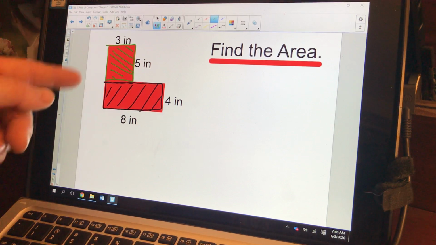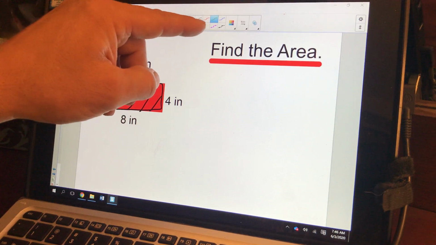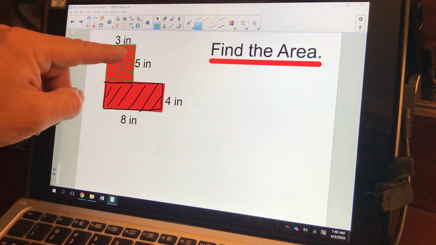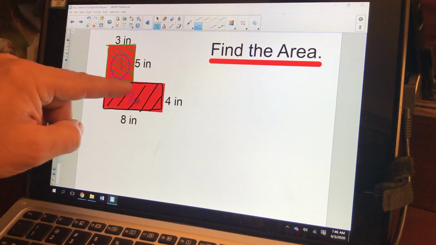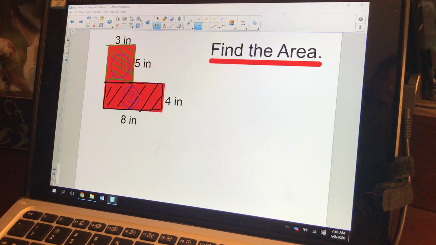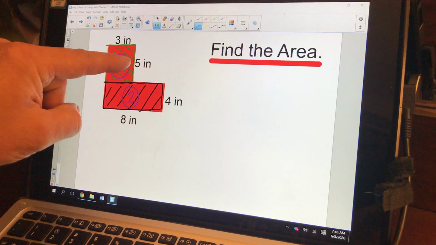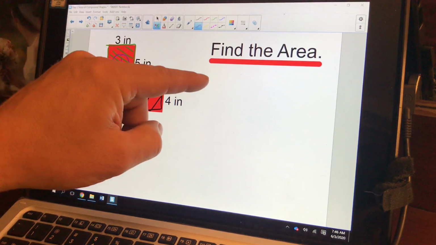So, finding the area, right? First off, we have up here, shape 1 and shape 2. I'm going to clearly mark these so you can see what I'm doing with them. The first one is a 3-inch by 5-inch rectangle.